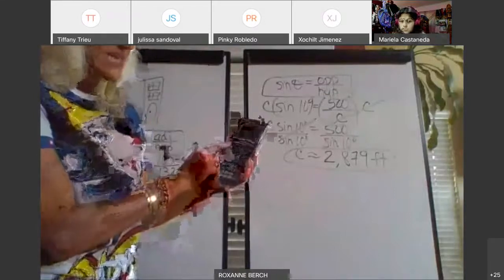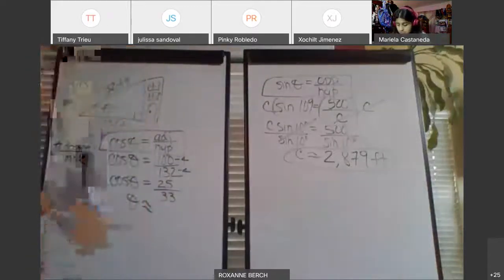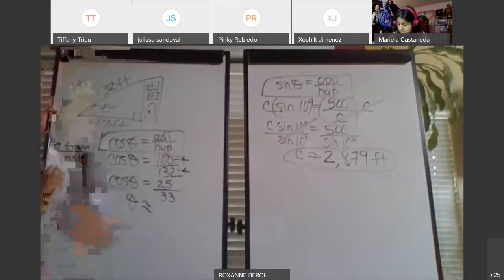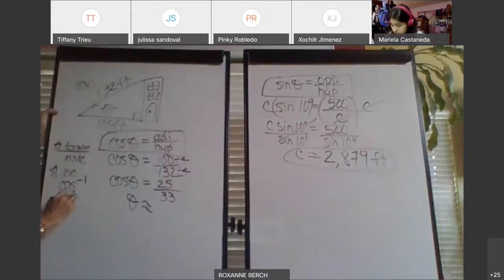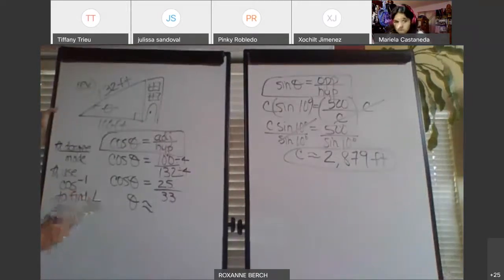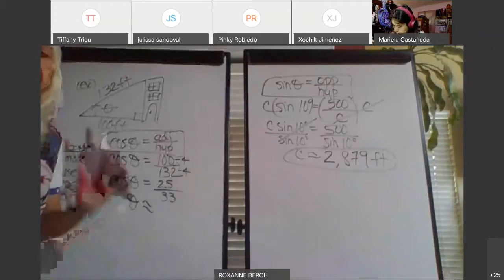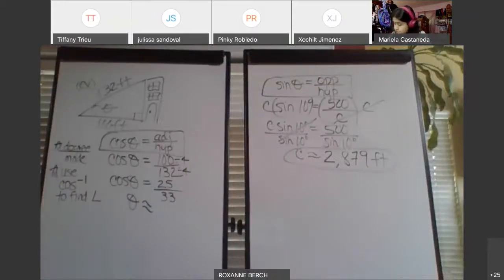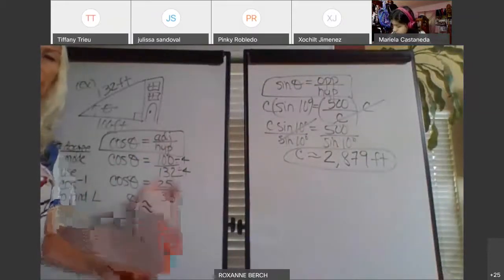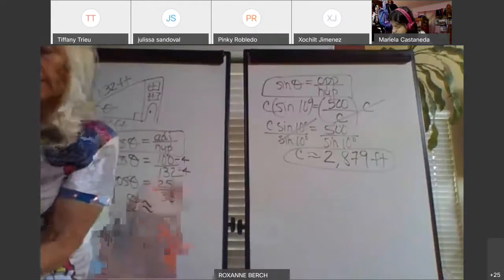So you have to use second cosine to get cosine inverse. That's an important thing to know: if you're trying to find an angle, you have to use the inverse key. And I don't care what it is, sine, cosine, tangent. If you're trying to find an angle, you have to use the inverse key.